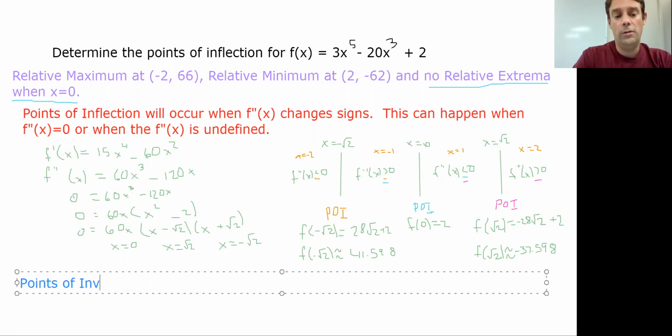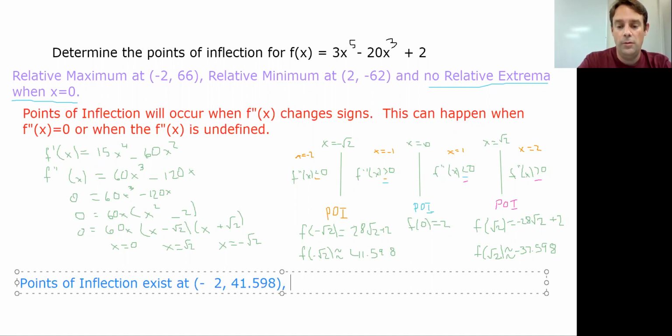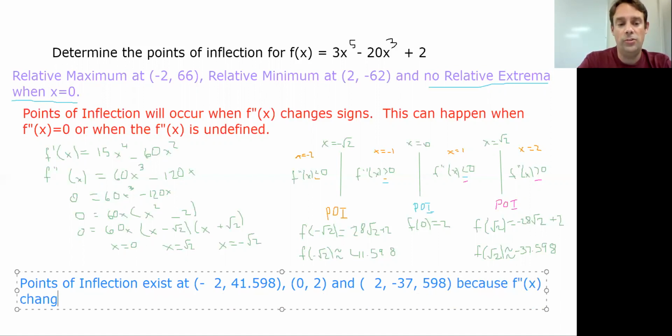Points of inflection exist at negative root 2, comma, 41.598, 0, 2, and root 2, comma, negative 37.598, because the second derivative changes signs at x equals negative root 2, x equals 0, and x equals root 2.